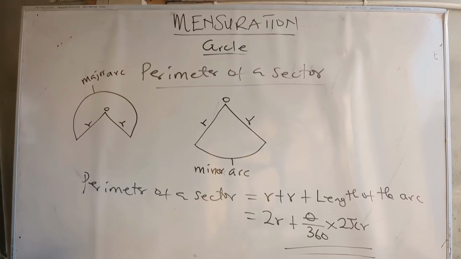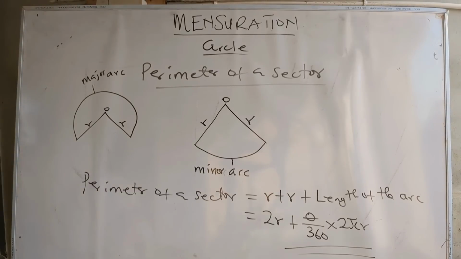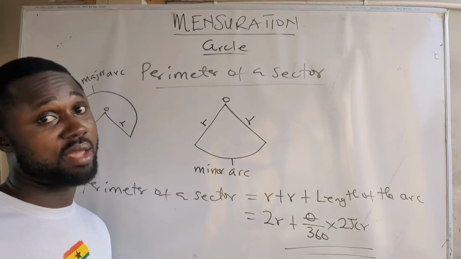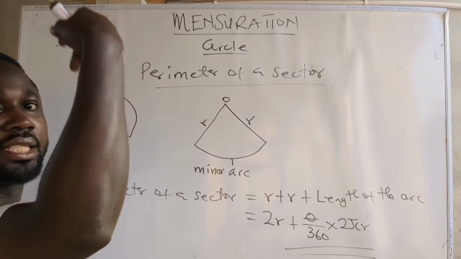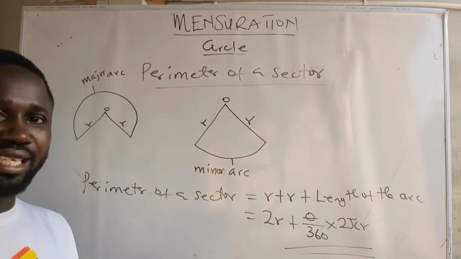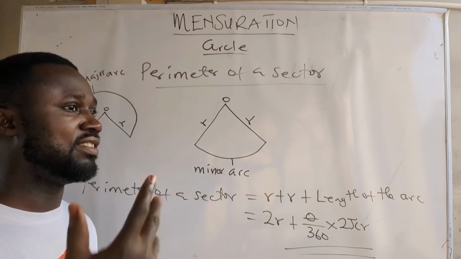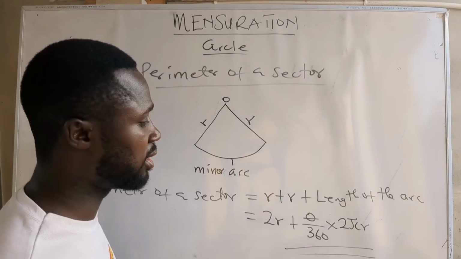The angle it subtends is theta. Whether it is major or minor, the other time I used 360 minus theta because I used theta for the minor one. So to get the angle for the major one, it is 360 minus theta. But the general thing is that it is the angle the sector subtends at the center divided by 360. So let's not confuse ourselves.